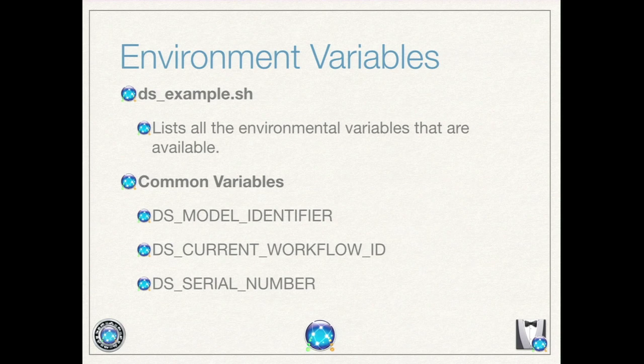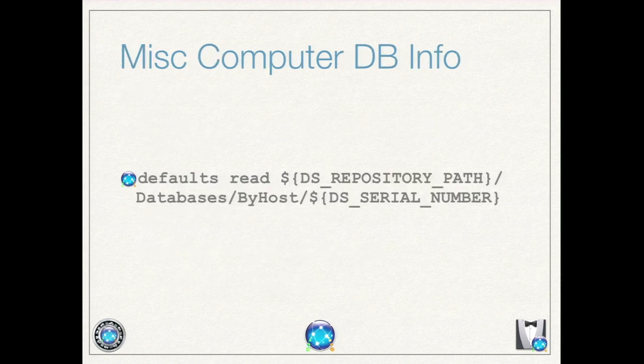That's actually one of the current pitfalls, I feel, of the DeployStudio runtime variables: not everything that's in the DeployStudio database is available as a default environment variable. So what you can do is something like this, where the DeployStudio database is nothing more than a whole bunch of plists that just happen to be luckily named the serial number of the machine. I recently helped someone on the forums who was looking to query the ARD fields.